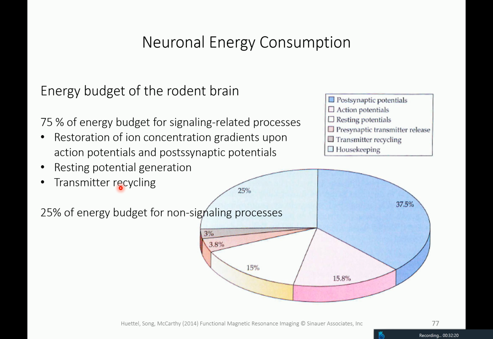Then 25% of the energy budget, this is about the role in the brain, by the way, is for non-signaling processes like keeping up the anatomical infrastructure and stuff. What is shown here is postsynaptic potential, action potential, resting potentials, presynaptic and transmitter recycling.